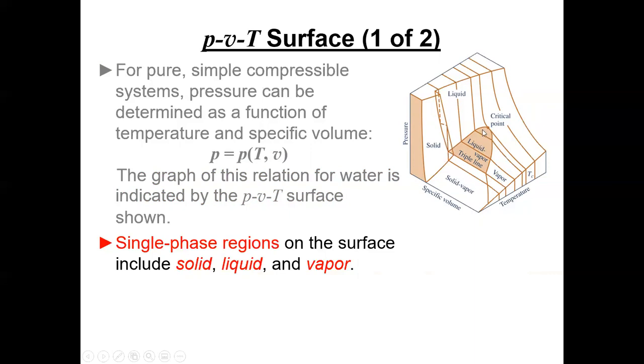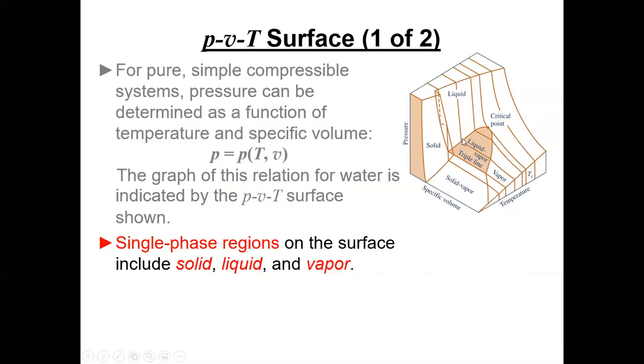I've got liquid over here and vapor over here, so I have a transition from liquid to vapor, and this shaded area is what's called the saturation dome or the vapor dome or some kind of dome. That indicates the transition from liquid to vapor.